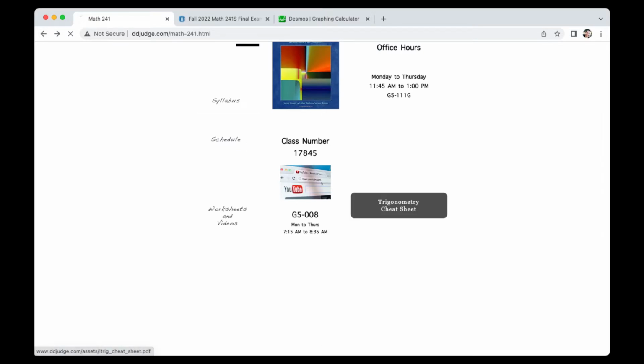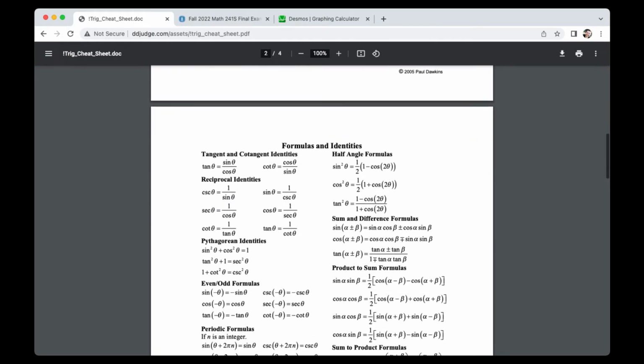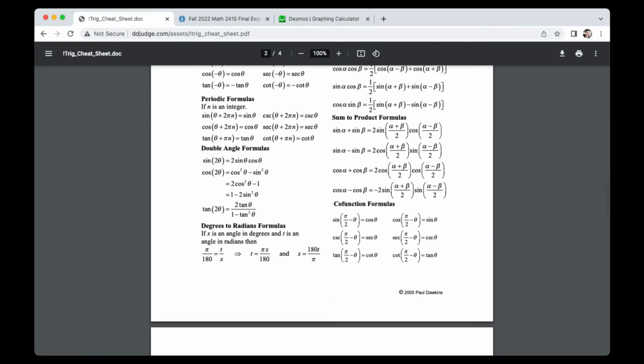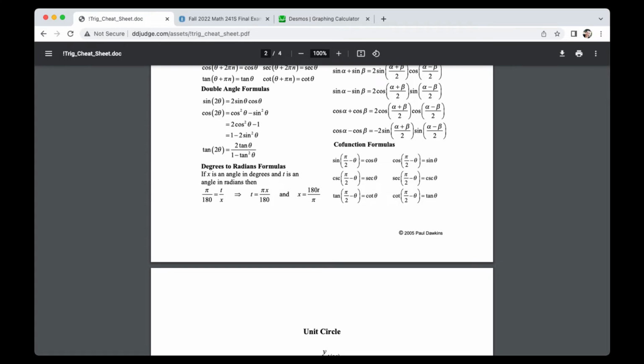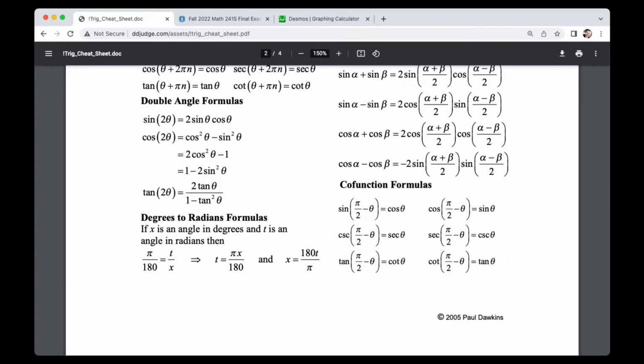Remember this? The cheat sheet. I've got to give you the cheat sheet. I think somewhere we did some cofunction identities. Is that right? Oh, I don't know. That's pi minus 2. I guess it's not cofunction. I'm not awake yet. I apologize.